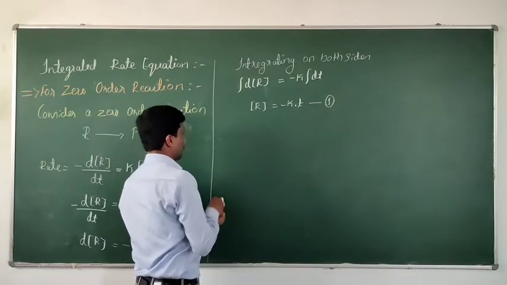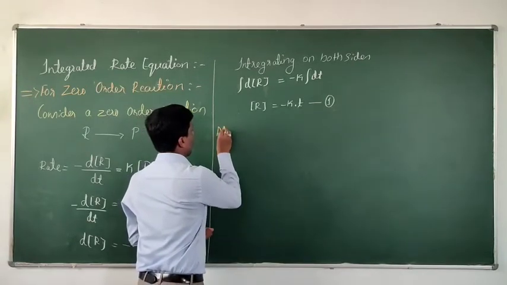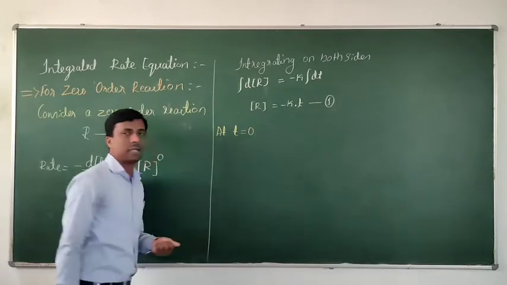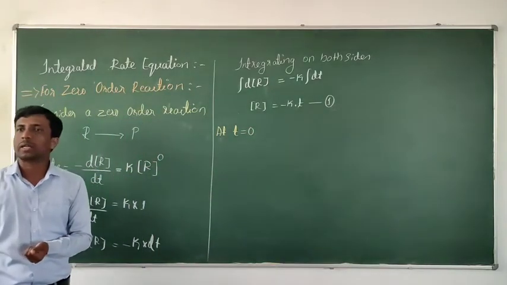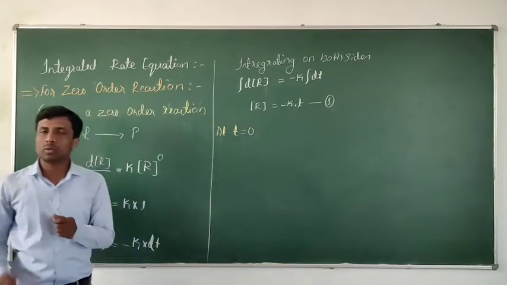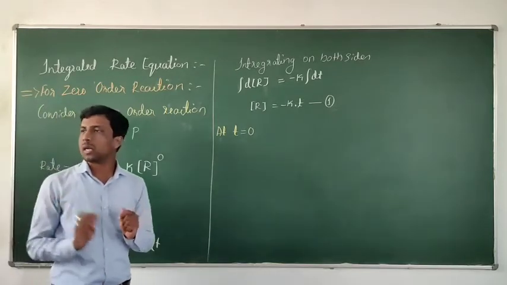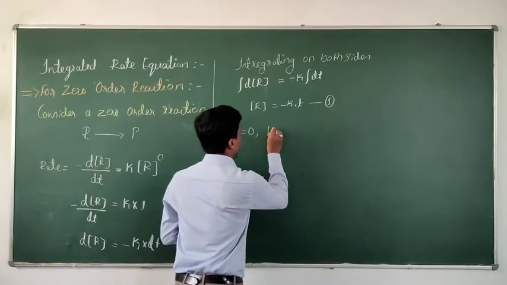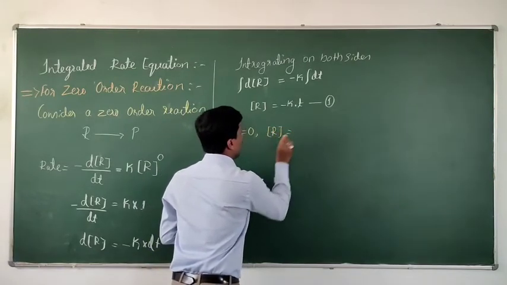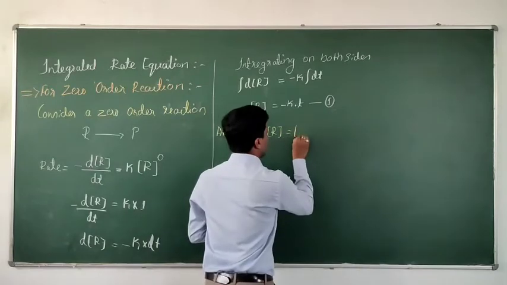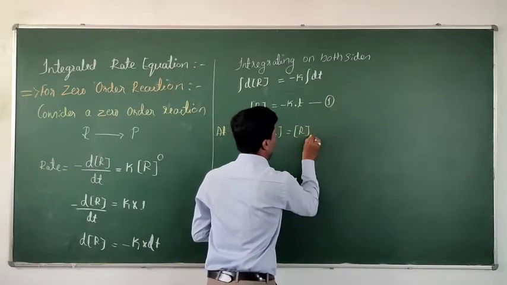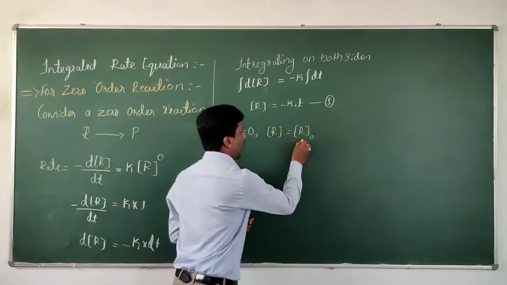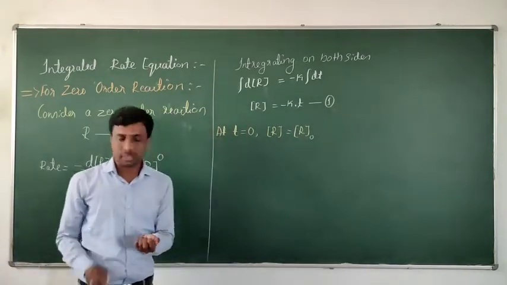At t is equal to 0, that is at time 0, the initial stage, the reaction has not started. At t is equal to 0, the molar concentration of R is equal to R0. What is R0? R0 is the initial concentration.